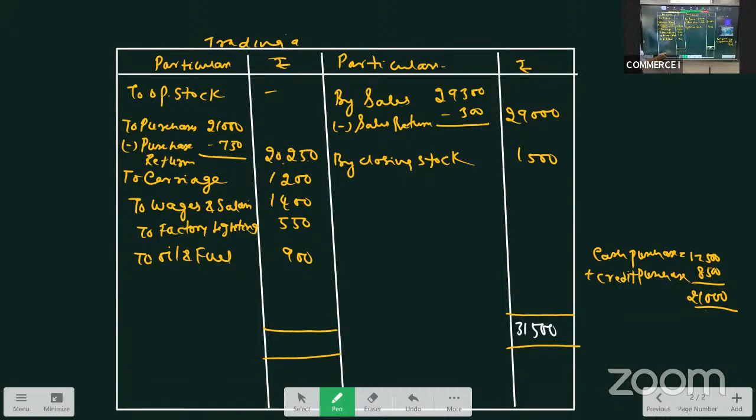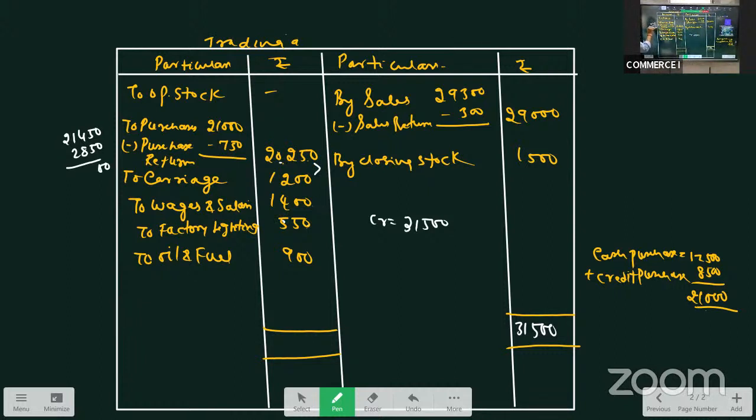And the total on the debit side: you see, 20,000, 21,400, 2,450, 14 plus 5, 19. I have added these two first: 21,450, 14 plus 5, 19, 28,50.